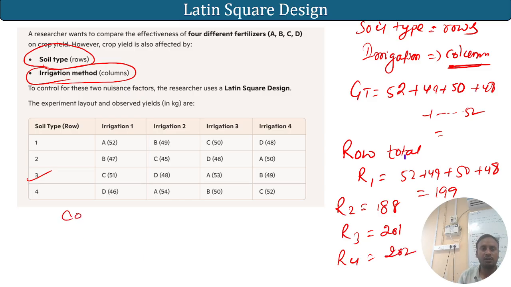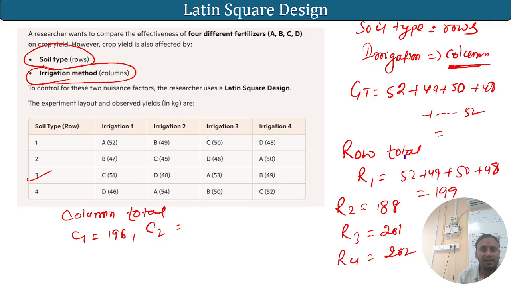Now we'll go with the column total. How does it come? C1: 52, 47, 51, 46. 52 plus 47 is 99, plus 51 is 150, plus 46 is 196.